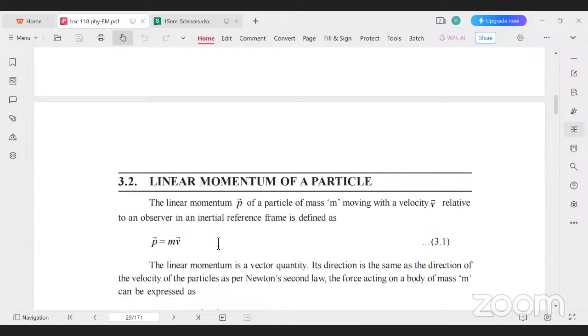So how the particle is moving will be given by the mass and the velocity. That is the linear momentum of a particle. Understand? So the linear momentum P vector of a particle of mass m moves with a velocity v bar, because we have a direction.